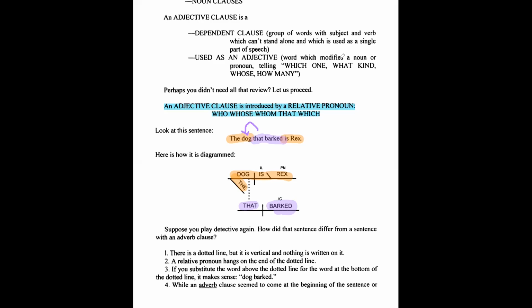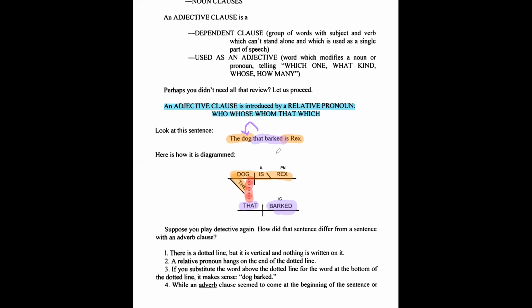That's why we drop this dotted line from the dog to that, because that is referring back to the dog. So grammatically, that is the doer of the verb. But in terms of the meaning, the that is referring back to the dog. So the dog is in effect the one that barked, right? We know that. So don't get confused between what's going on in the meaning and what's going on grammatically.